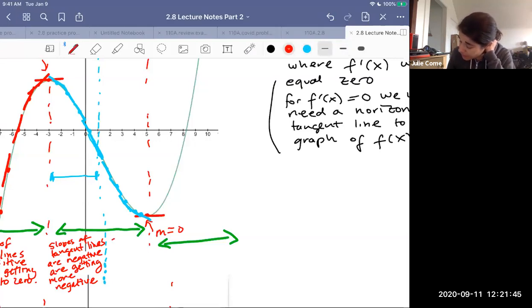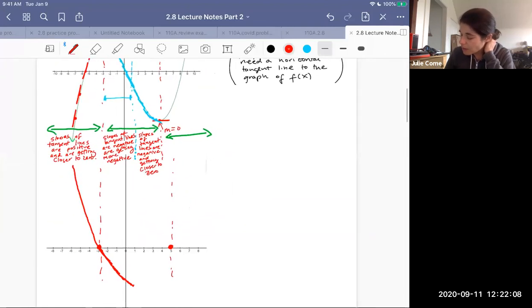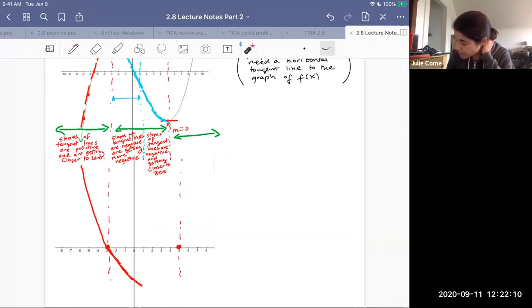So here we have the slopes of tangent lines that are negative and getting closer to 0. Well, how am I going to represent that on the graph of my derivative?